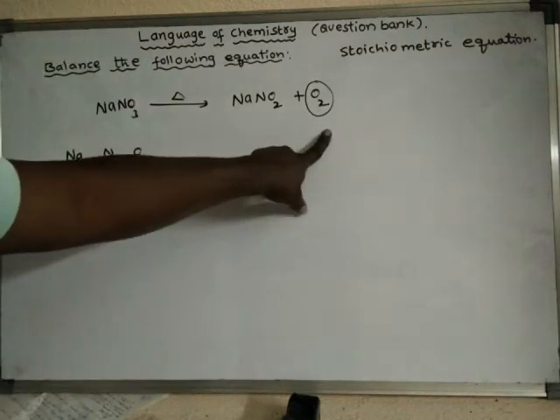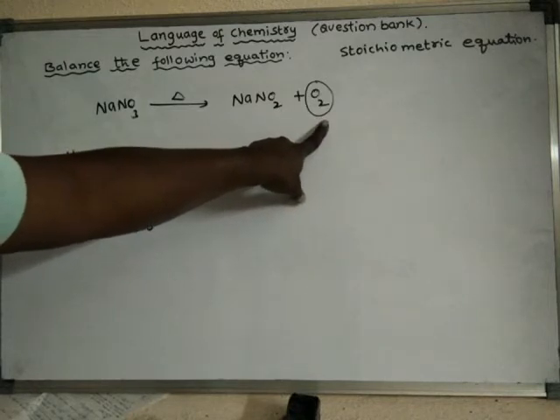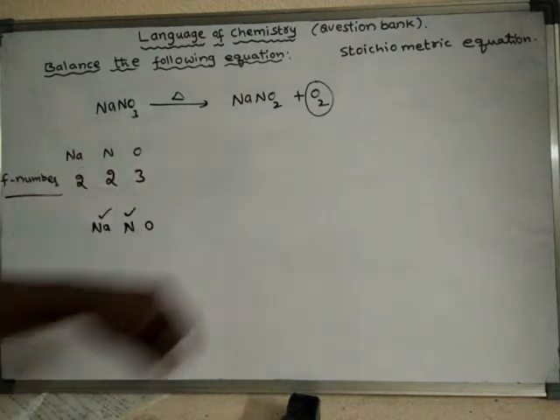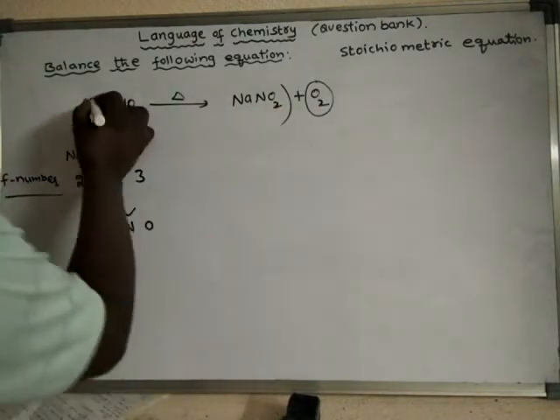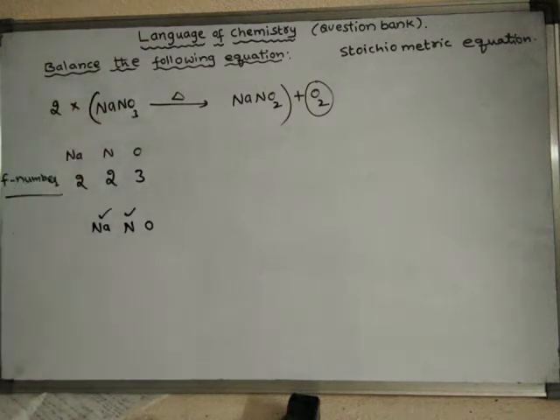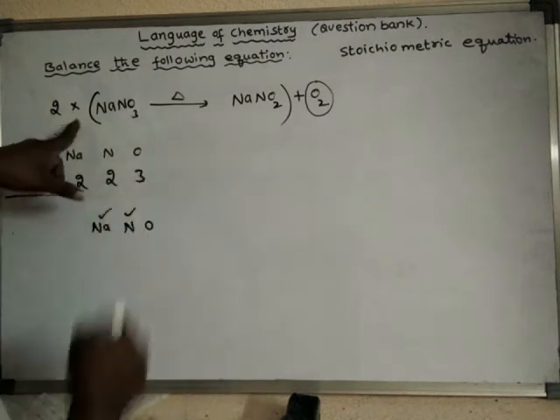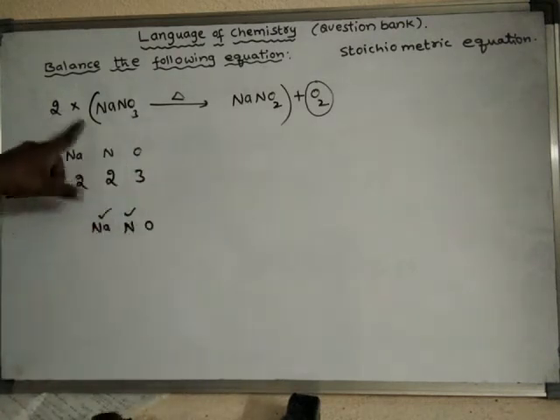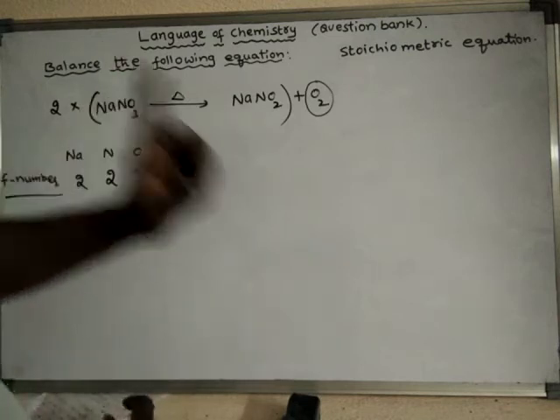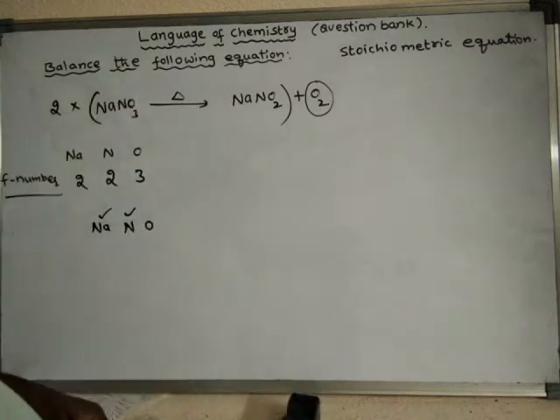The elemental form is neglected, and the rest should be multiplied with a suitable number. So first we will try with number 2. Simply double it, and after doubling it, we will get the correct equation.